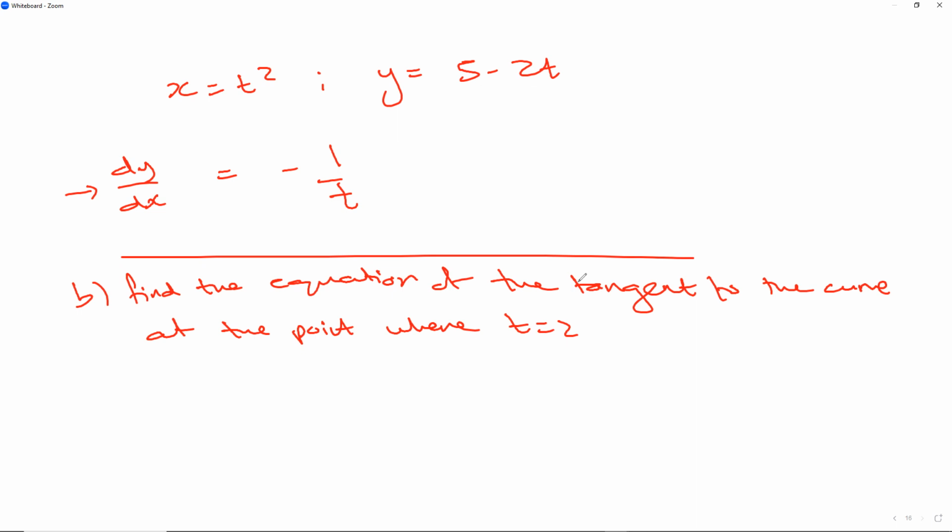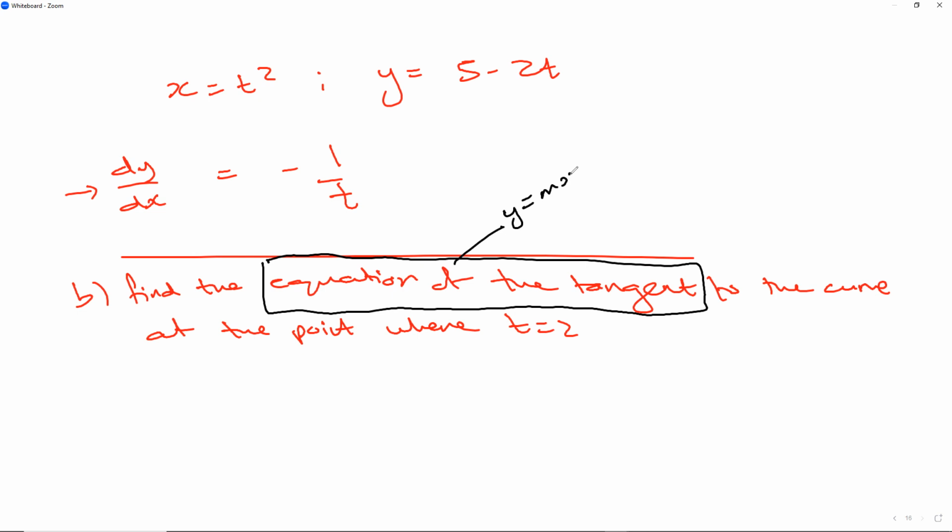If you want to find the equation of a tangent, the basic fundamental is: whenever you see equation of a tangent, what do they actually imply? I want you to find y equals mx plus c, and they've just told you the m value. y equals negative 1 over t x plus c.